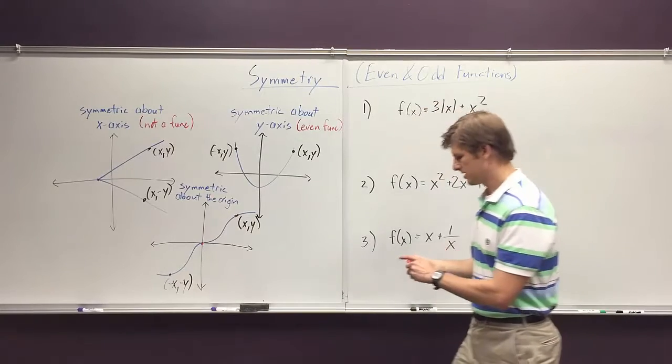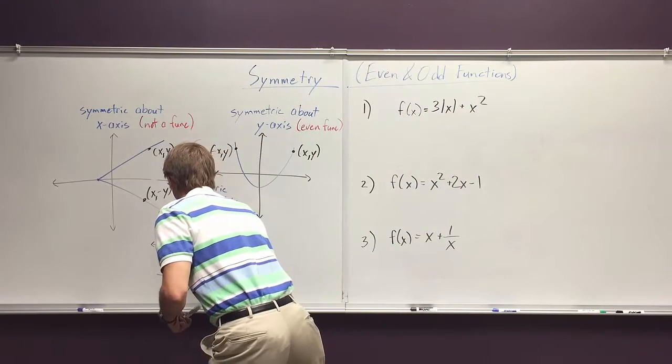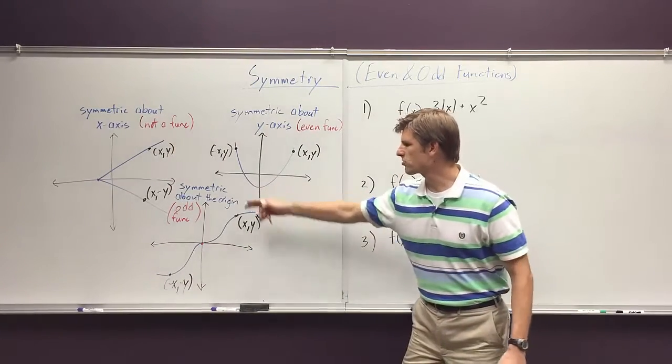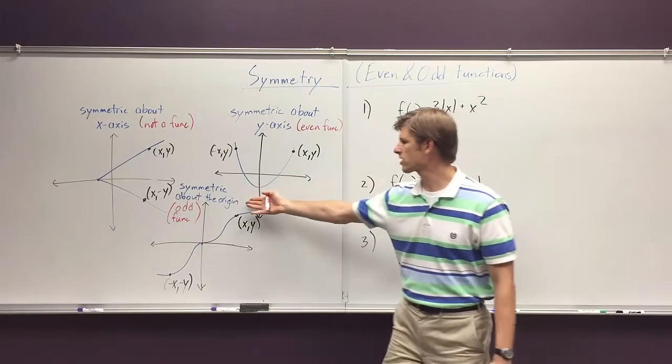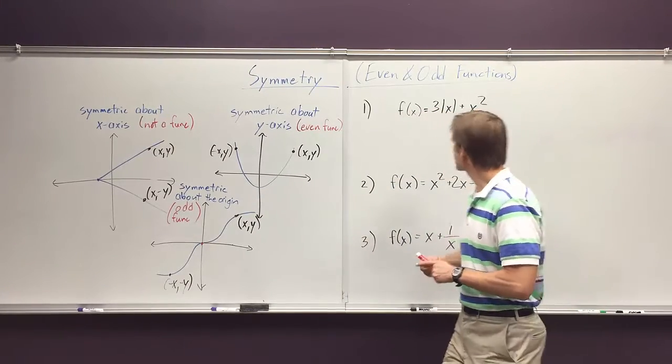This is what we call an odd function. So if a function's graph is symmetric about the origin, we call it an odd function.